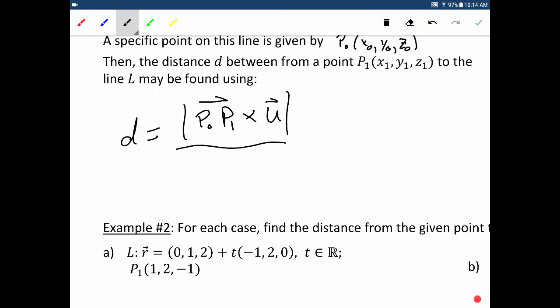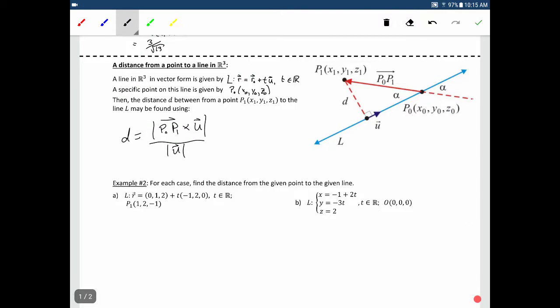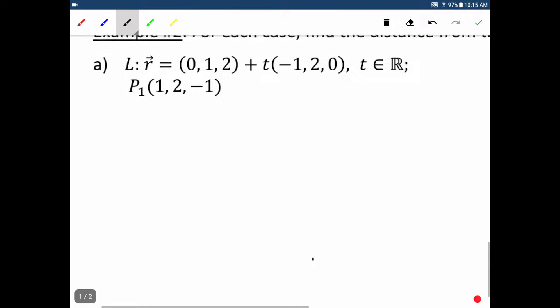And you're going to take the magnitude of that, and then we're going to divide it by the magnitude of the direction vector. And that'll give us the distance. All right, so example. Let's take a look at this one.